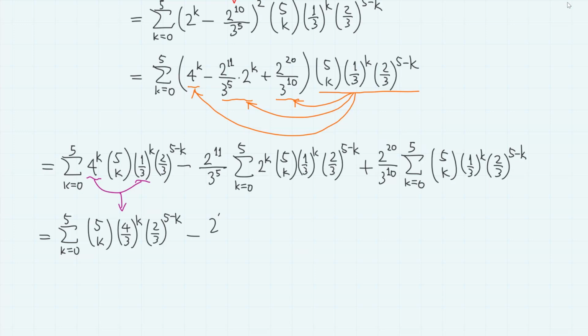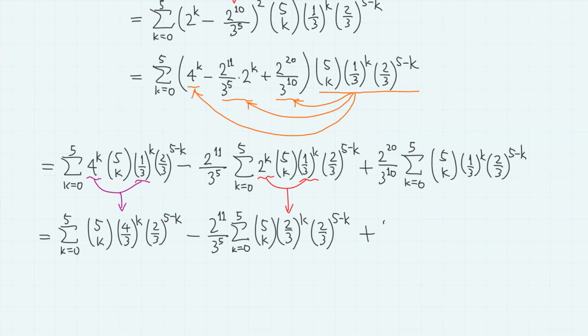And for the second part, we can combine this 2 to the power of k and 1/3 to the power of k and write 5 choose k times 2/3 to the power of k times 2/3 to the power of 5 minus k, and the third part remains the same.